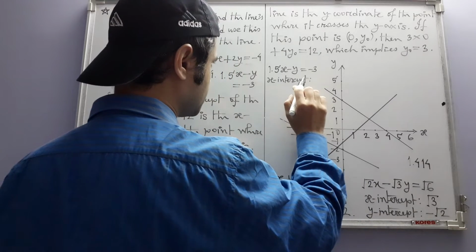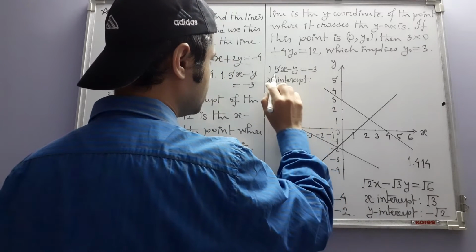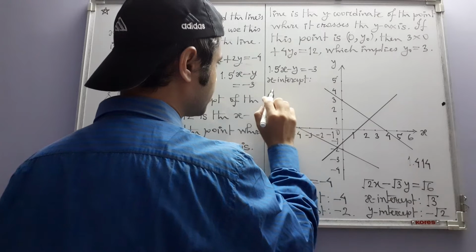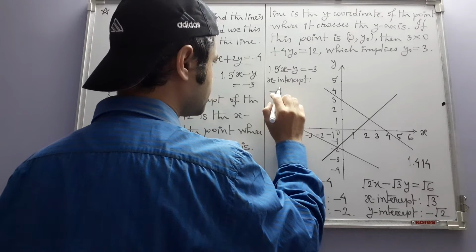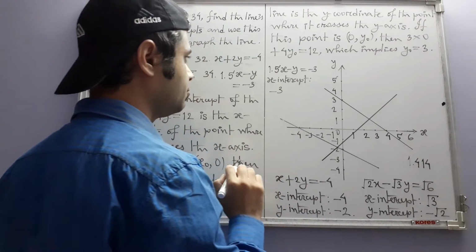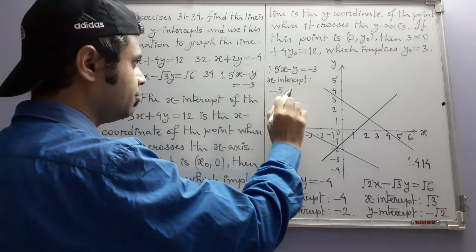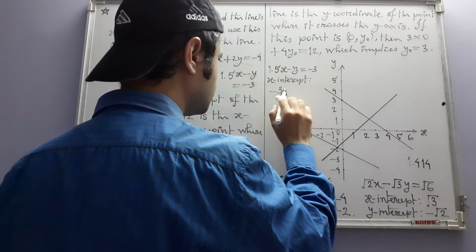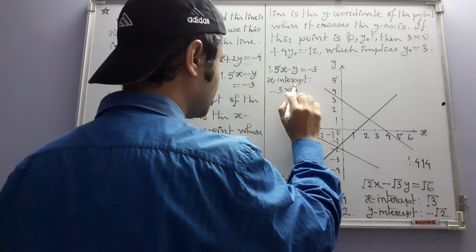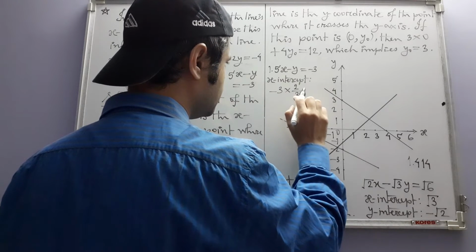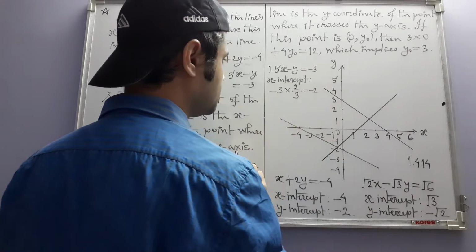Fine. So that means it will be minus 3. 1.5 is 3 divided by 2. So dividing by 1.5 is equivalent to multiplying by 2 divided by 3. So that means this is minus 2.